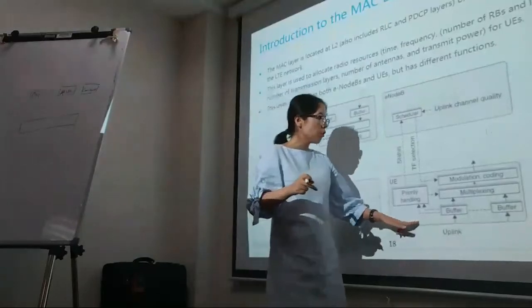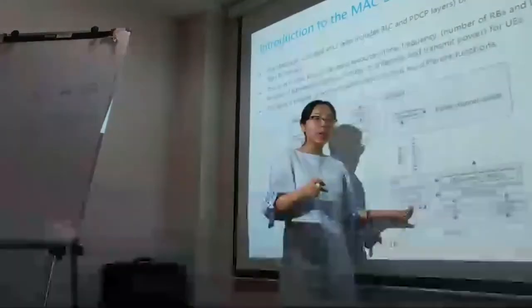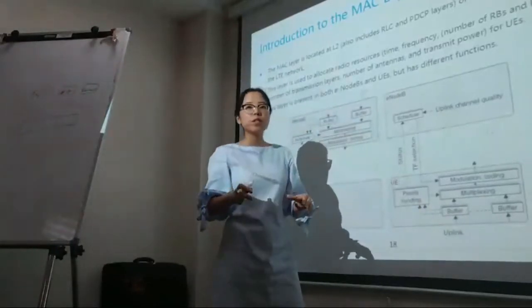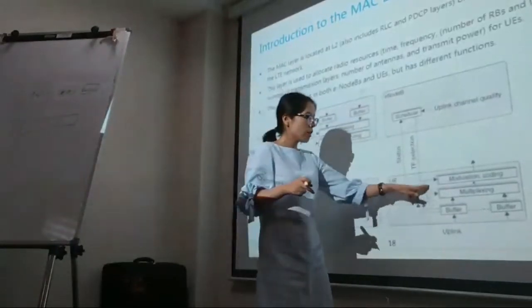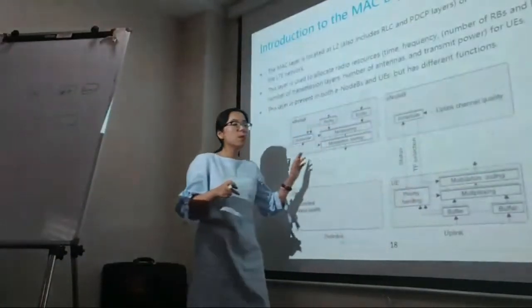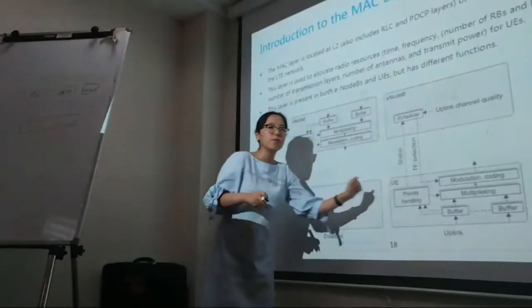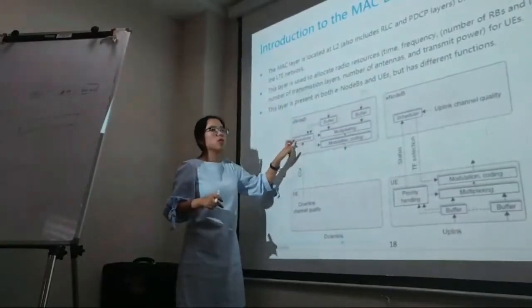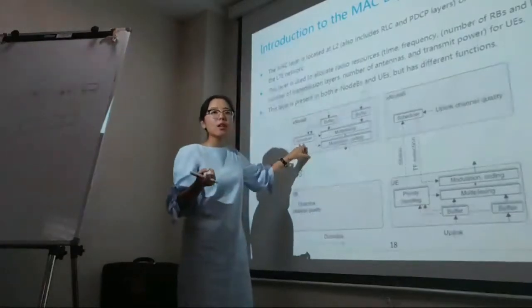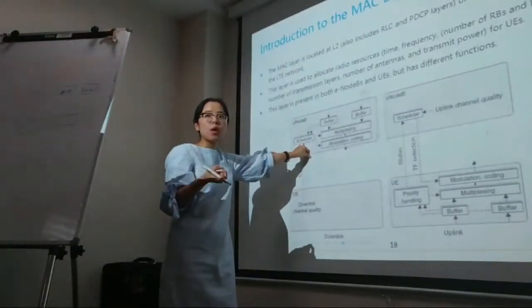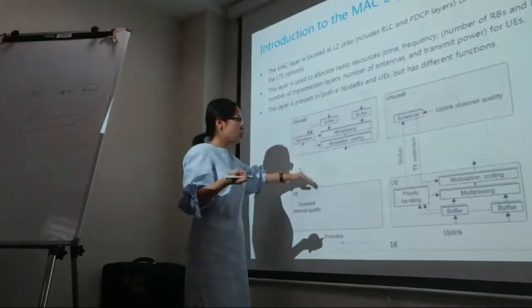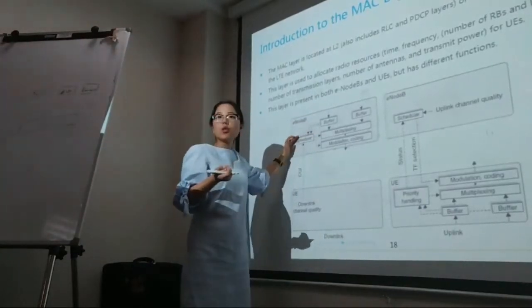So the UE will first perform priority handling: according to the priority, it processes and transmits information. The Node B also has this, but in the Node B it is handled by the scheduler. The UE service also has priority for the downlink, but when the Node B schedules the UE, it uses the scheduler.